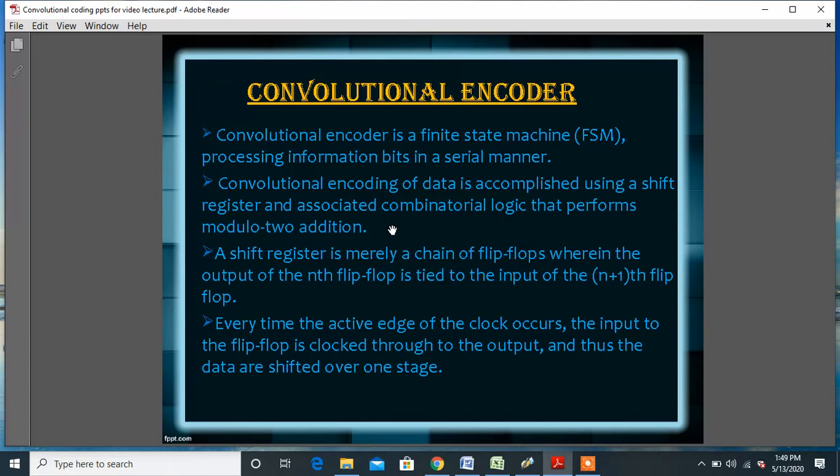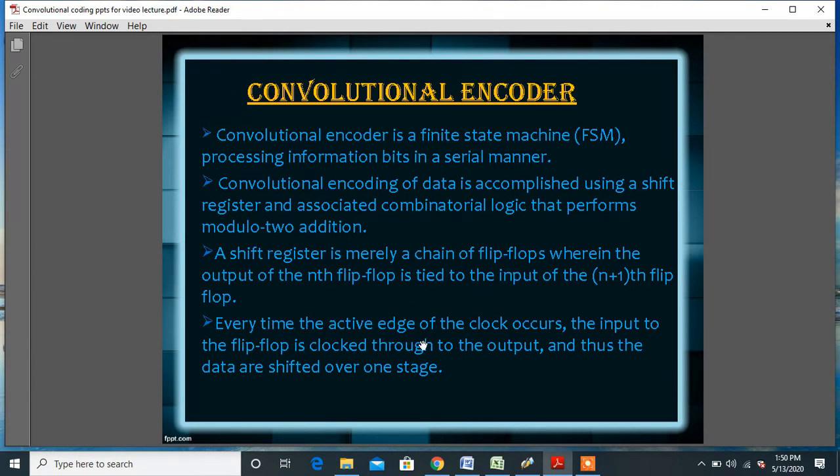We have designed encoders for linear block codes and cyclic codes, where we use different shift registers and modulo-2 addition operations. Similarly here also we will design encoders by using registers and adders. A shift register is merely a chain of flip-flops. We have studied in digital electronics what a shift register is and how it is designed.